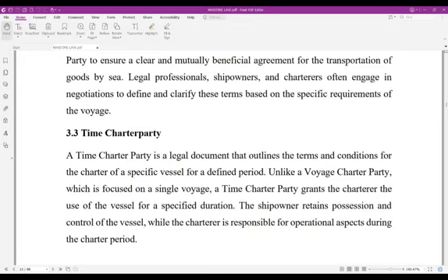Unlike a voyage charter party, which is focused on a single voyage, a time charter party grants the charterer the use of the vessel for a specified period or specified duration.